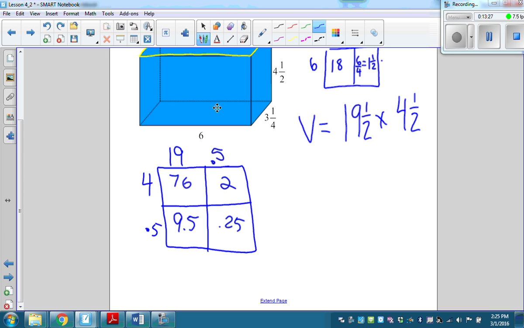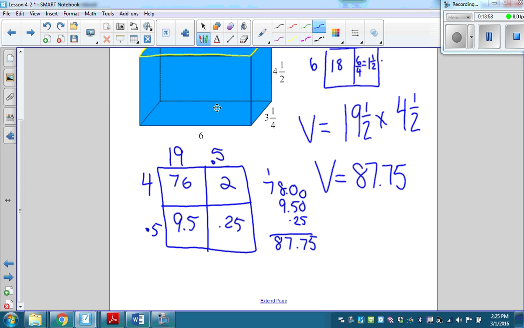So this is 78 plus 9.5, and another 0.25. So Hayden chose to go to decimals, which works really nicely. It might not be everybody's choice, but it worked really nicely. And so the final volume is 87.75, and then it would be cubic units.